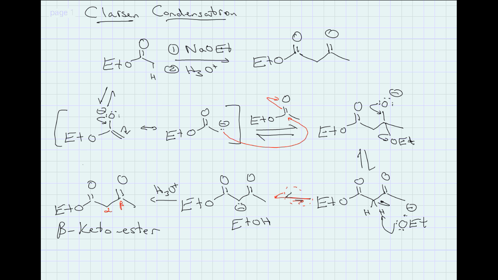So this is what drives the reaction. And Klein talks about this in a little bit of detail. So this is a classic example of the Claisen condensation, where you take an ester and you treat it to condensation conditions, and you end up generating a beta keto ester. So I hope this helps when you're studying Claisen condensations.